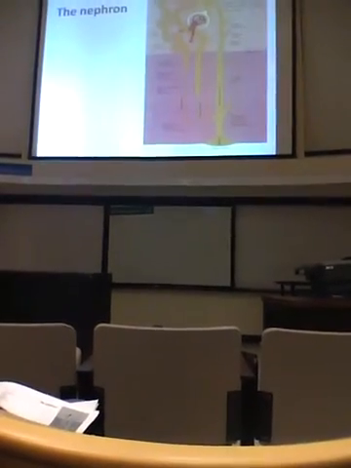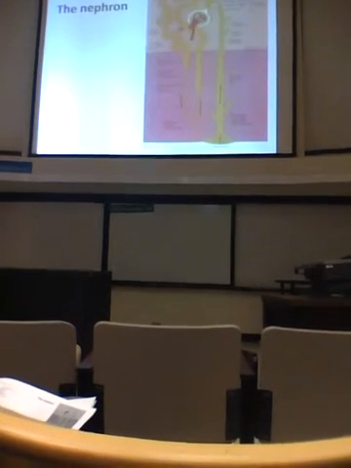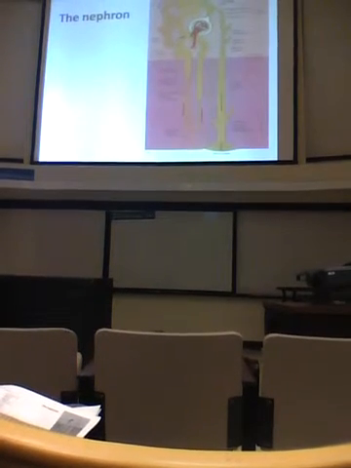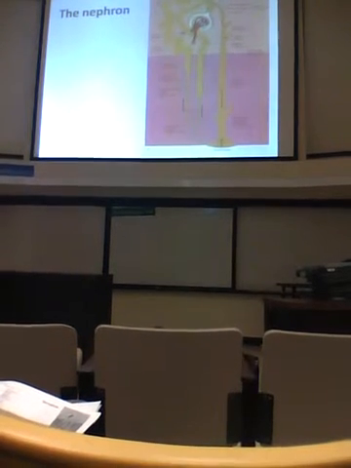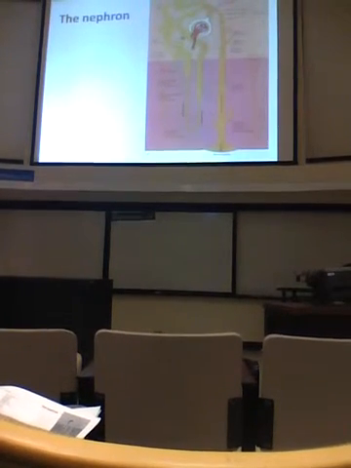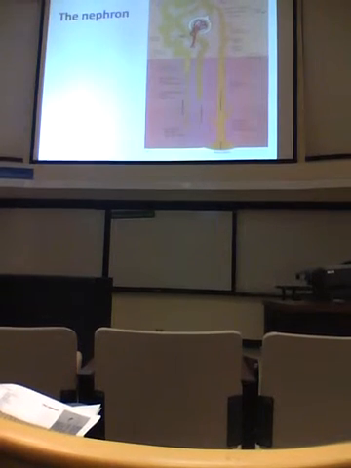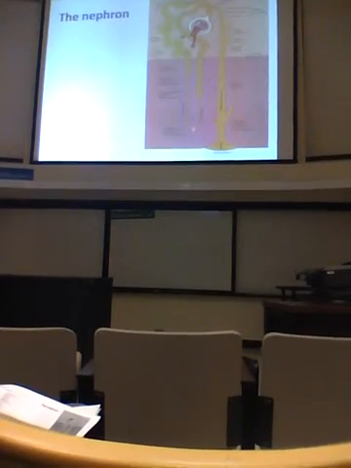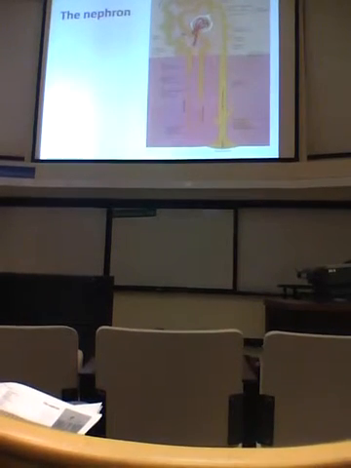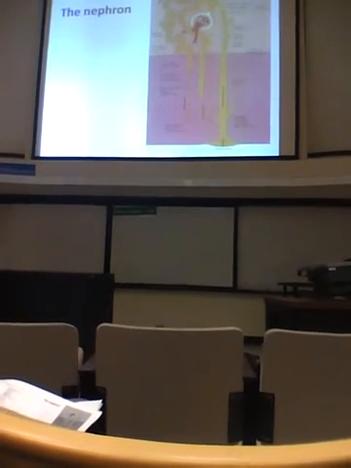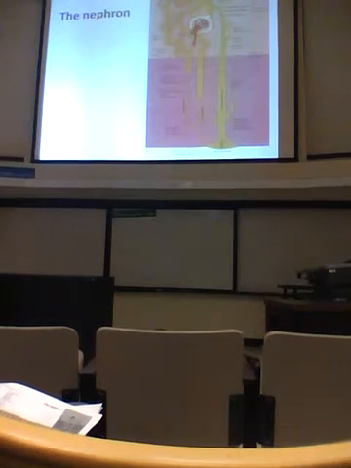into the Bowman's capsule, which is called filtrate, and the filtrate then gets modified as it passes down the tubule, first in the proximal convoluted tubule, then down into the medulla in the loop of Henle, and then back out into the distal convoluted tubule in the cortex, and then dives back into the medulla as the collecting duct.